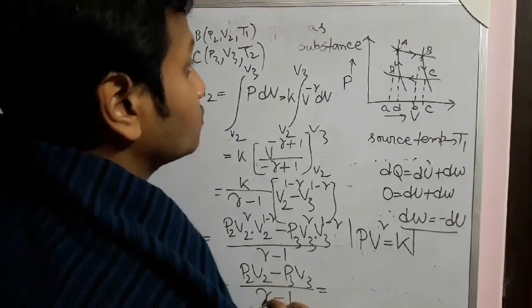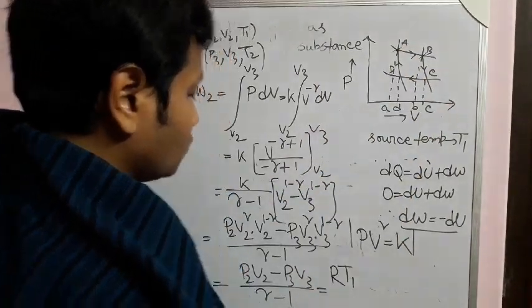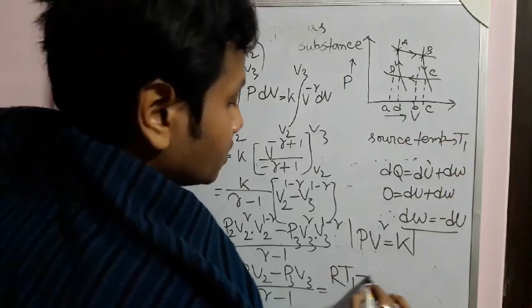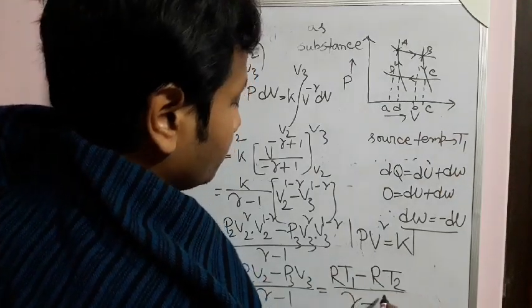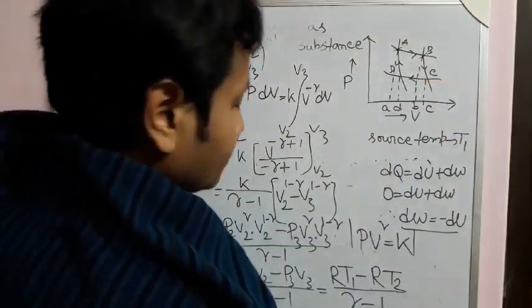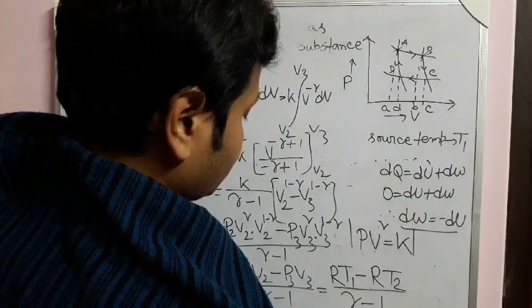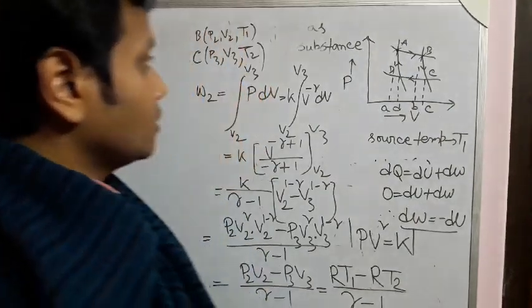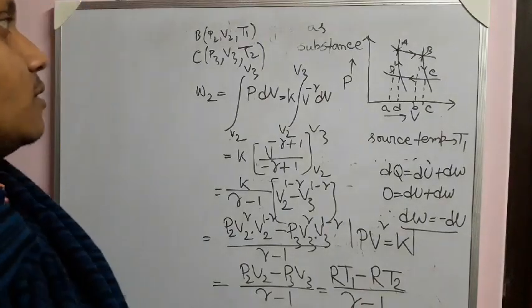And what is P2 V2? That is R into T1. We can write P2 V2 as R into T1 and P3 V3 as R into T2, that is, at point C the temperature will be T2. This represents the area under BC. So these are the two expansions that we calculated.